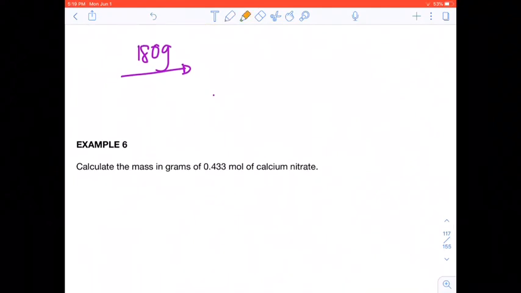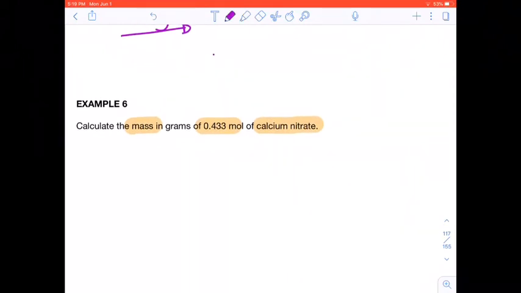Calculate the mass of 0.433 moles of calcium nitrate. Obviously you have to know what the formula is for calcium nitrate.